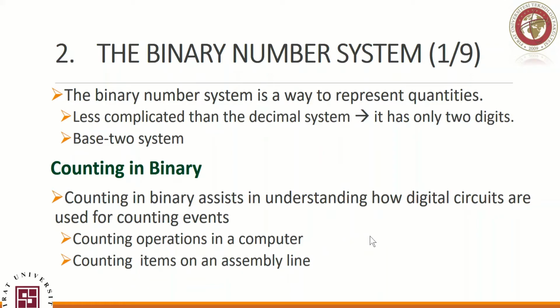What is it useful for? What is this binary number system useful for? It is actually the base of all the computing machinery that we have now. Why? It is easy for the computer to understand. There is logic 1, logic 0, or there is a value, there is no value. That is exactly how we run our computers.